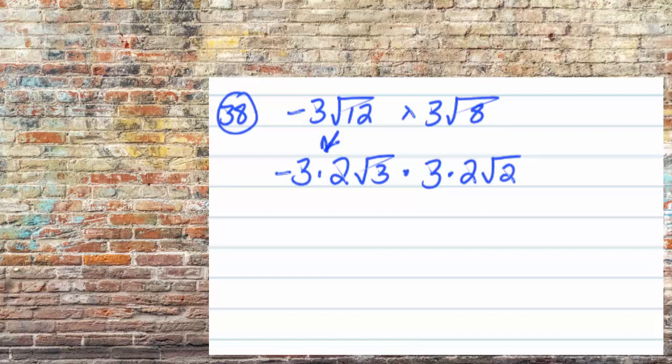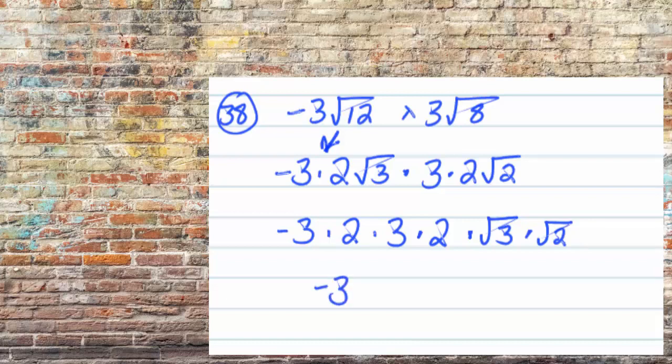where I can rewrite this as negative 3 times 2 times 3 times 2 times root 3 times root 2. And so I have negative 36, and both my root 3 and my root 2 are prime numbers.